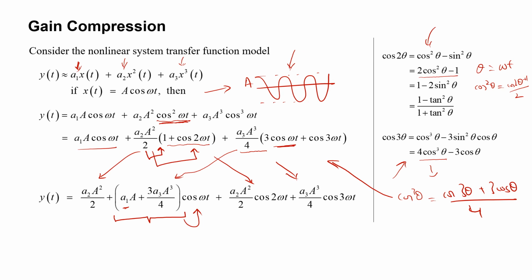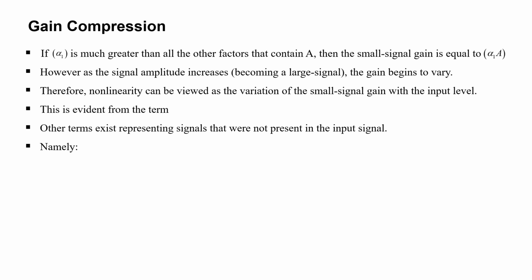So there are a few observations and points that we can identify from this equation. If alpha 1 is much greater than all the other factors that contain a, then the small signal gain is equal to alpha 1 a. So as you know, what was our equation?